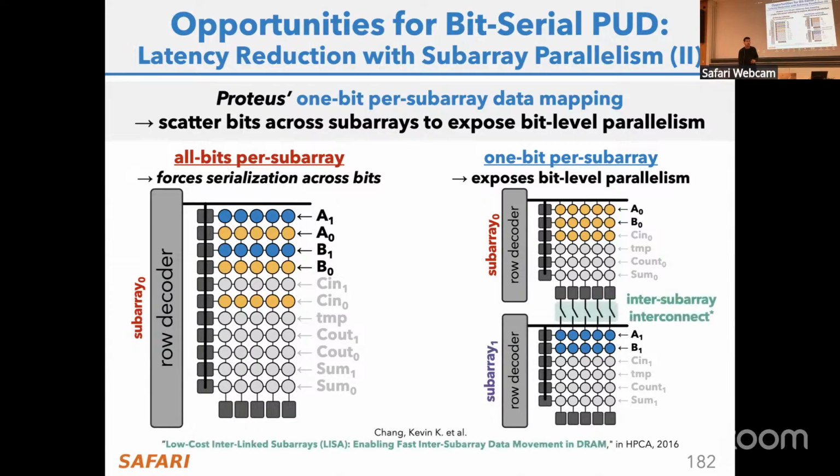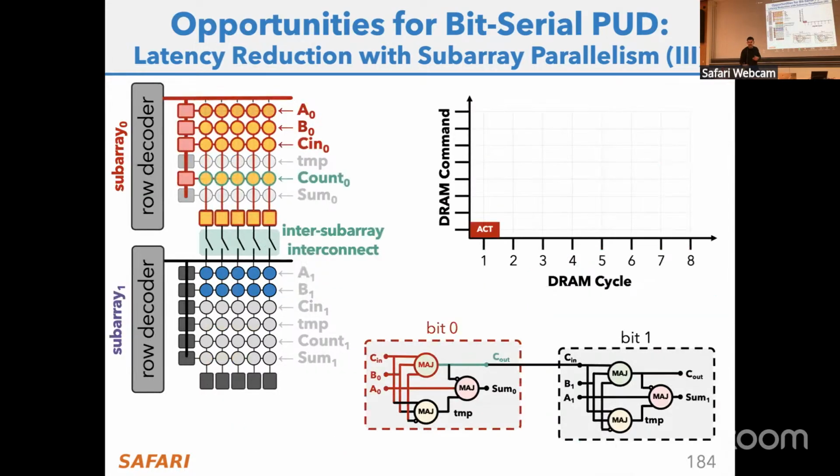And then we are also going to use some low-cost interconnects, which allow us to quickly move data from one DRAM subarray to a neighboring DRAM subarray. What this allows us to do is break that dependency chain and parallelize the primitives across different DRAM subarrays. Because first I generate the carry bits in the first DRAM subarray here.